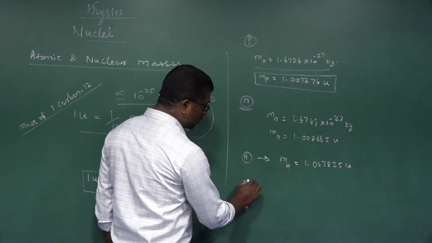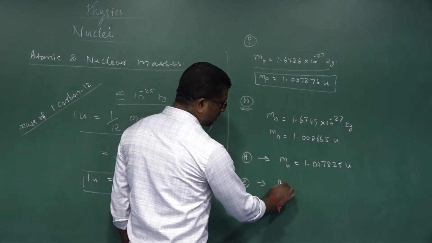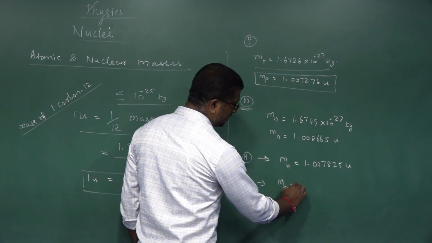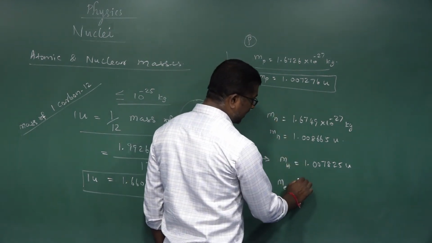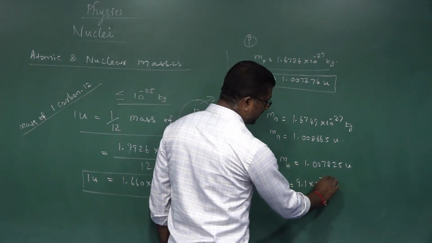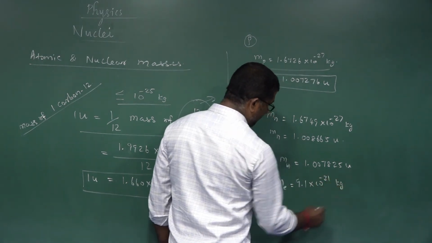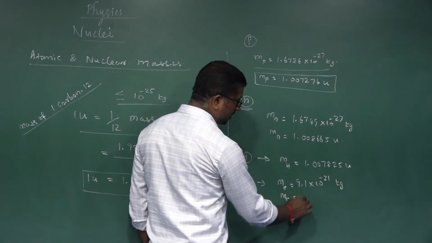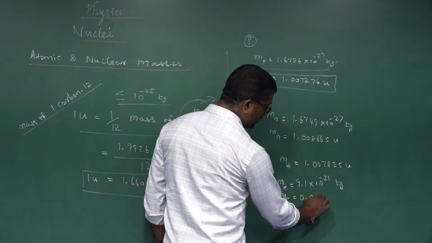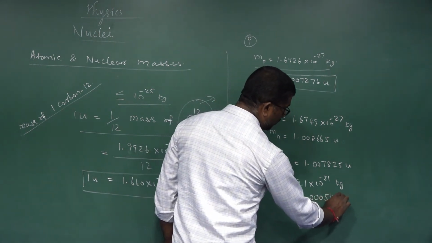For electron, mass of electron in terms of kilogram is 9.1 into 10 power minus 31 kg. In atomic mass unit, mass of electron is 0.000549 u.